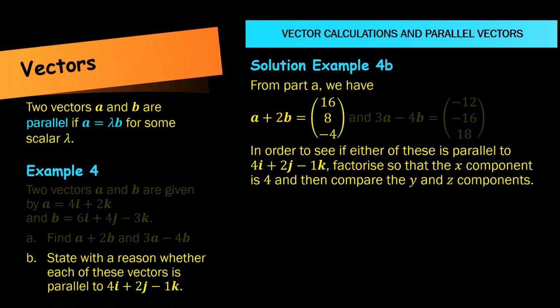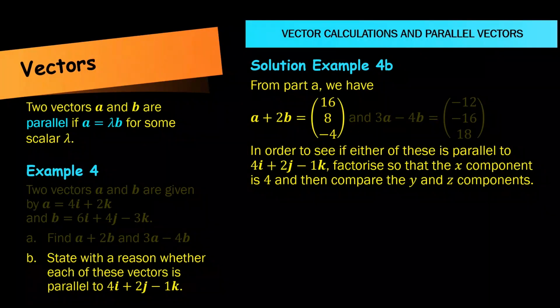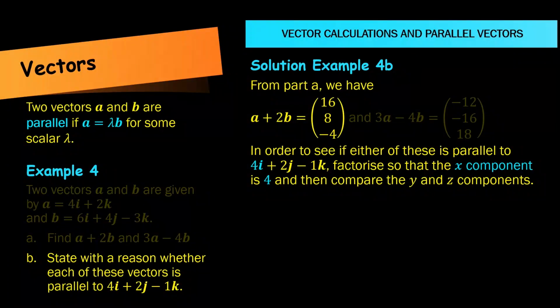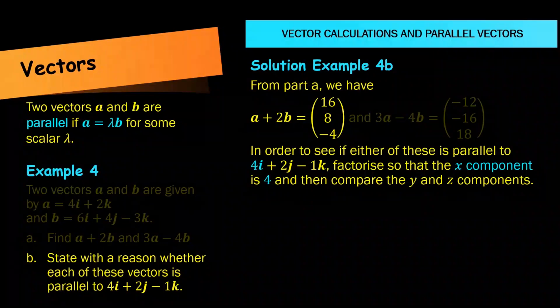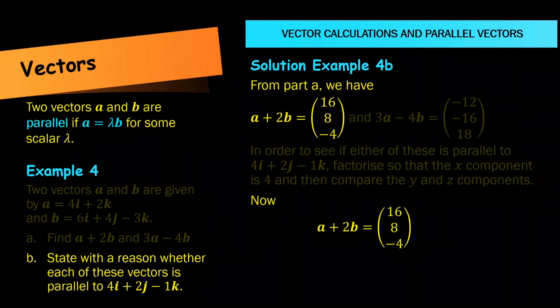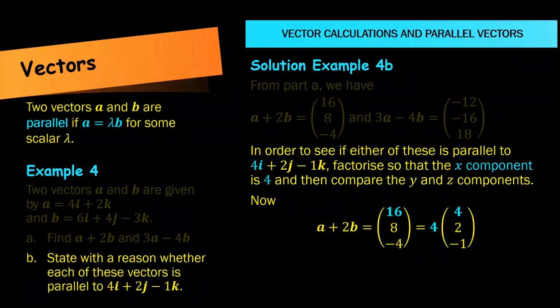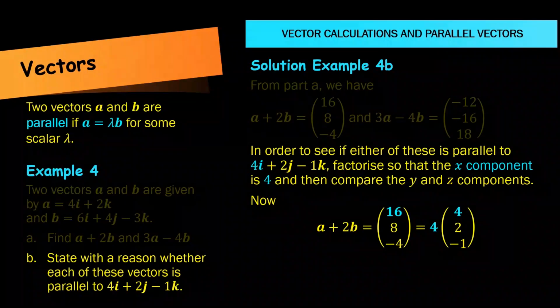So let's do this for the vector a + 2b. We're going to factor so that a + 2b has x component 4. And this can be done by taking out 4, as shown here.